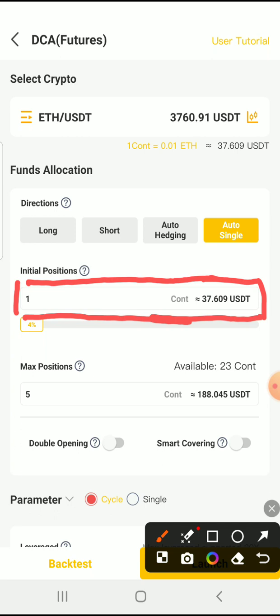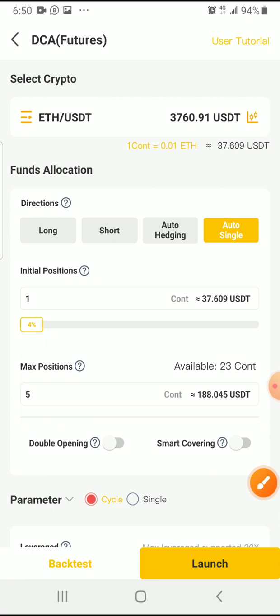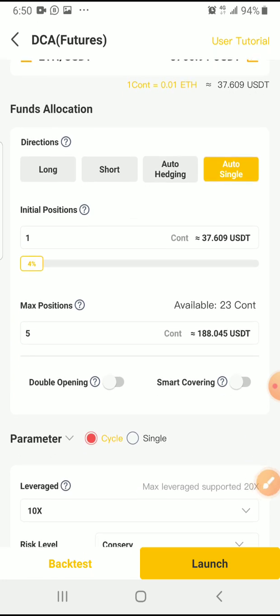That is what is given to us by this maximum order or maximum position. Now the max position that we are seeing here is 5 contracts, which is equivalent to $188. So now what I want you to notice is this amount.